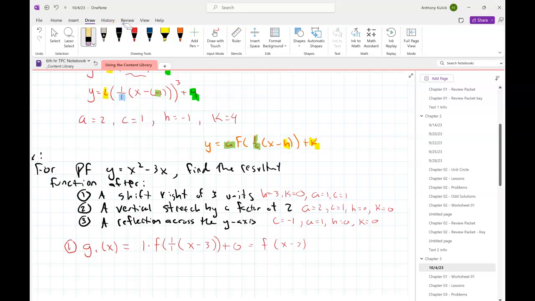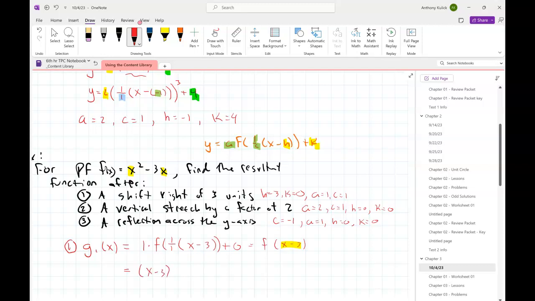And maybe I should have written this as F of X here. That'd make it a little bit easier notationally. Okay, so if I do F of X minus 3, I'm going to be plugging X minus 3 in everywhere there was an X, right? Just like when we talked about function composition last chapter, or 2 chapters ago, I guess it was. Is that okay?